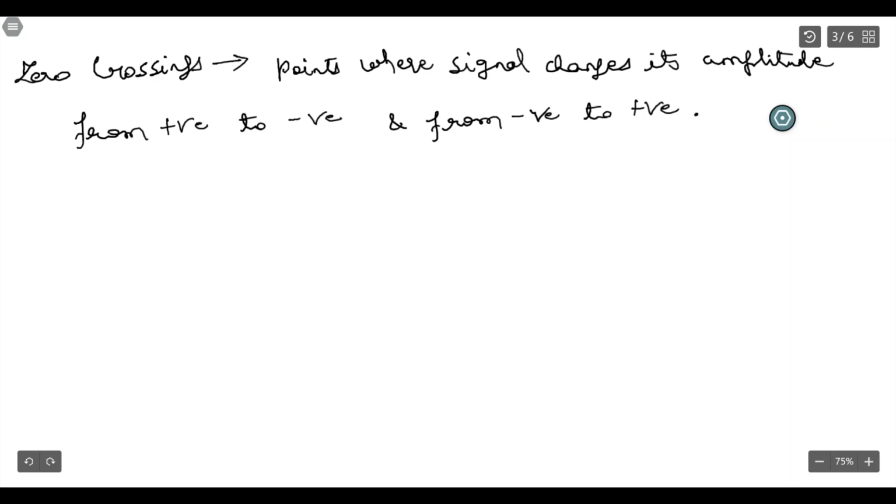These zero crossings necessarily represent the phase reversals.